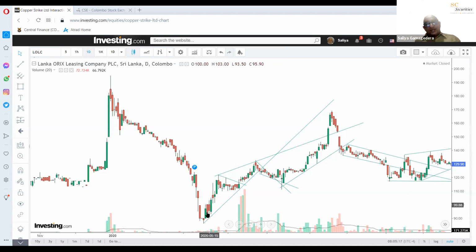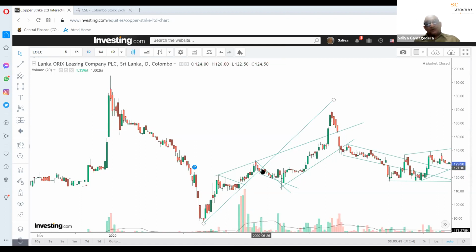So here, now this line that I just drew, when the prices were extending, you can see how the volumes were behaving, right? The volumes also started increasing significantly, and the prices started moving further up, right?